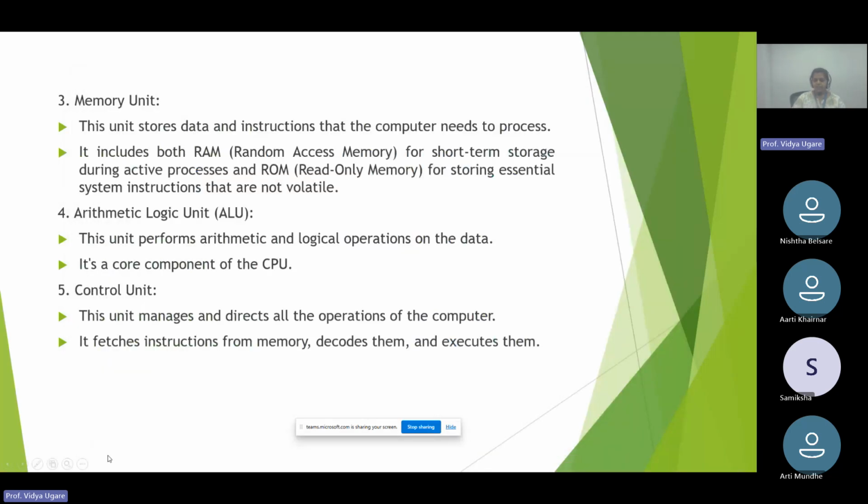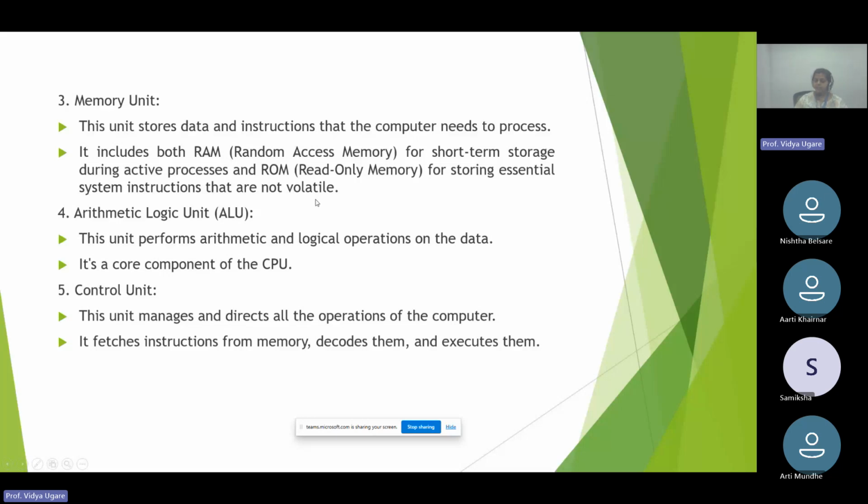Now, in the memory unit, if we go deeper, we have RAM and we have ROM. RAM's full form is random access memory, which is a short-term storage memory, very active and very fast. Whereas ROM is read-only memory, which helps to store some essential instructions that are not volatile.